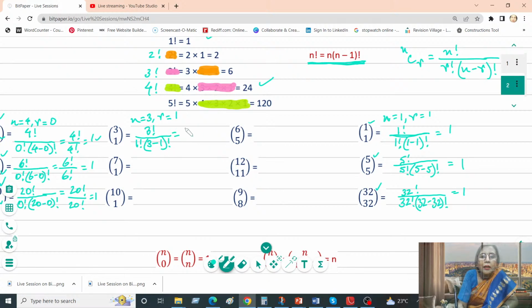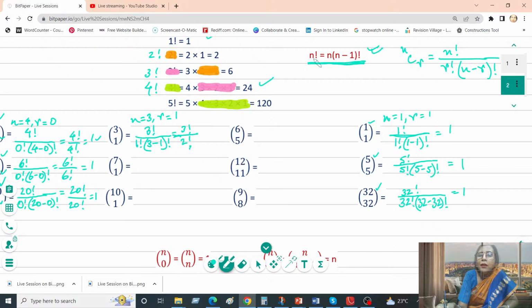which is 3 factorial over 1 factorial, which is 1, and 3 minus 1 is 2 factorial. But we know this relation: n factorial is equal to n times n minus 1 factorial.